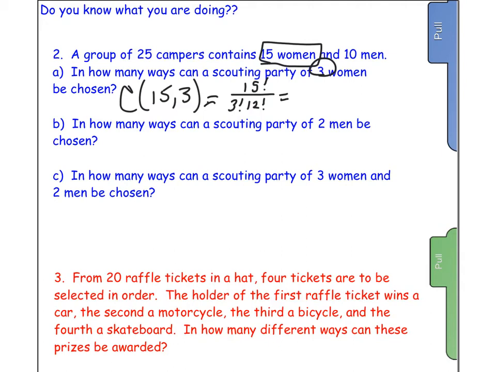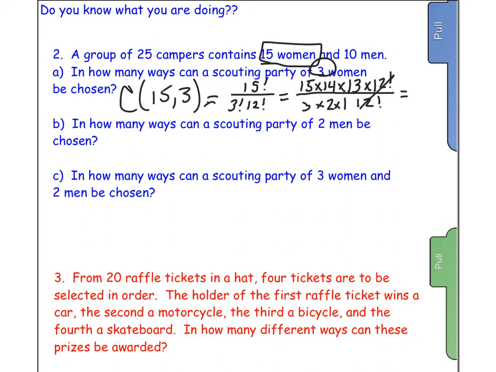To simplify this, we will write it out: 15 times 14 times 13, and I want you to stop at 12 factorial right there. Because you have 12 factorial in your denominator, we will be able to reduce that with the 12 factorial on the top. The last thing we need is our 3 factorial, which is 3 times 2 times 1.